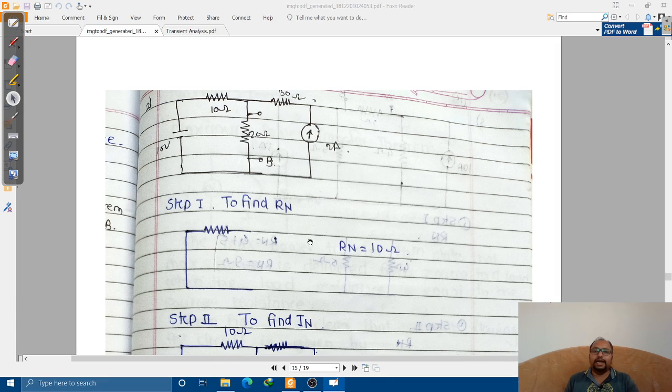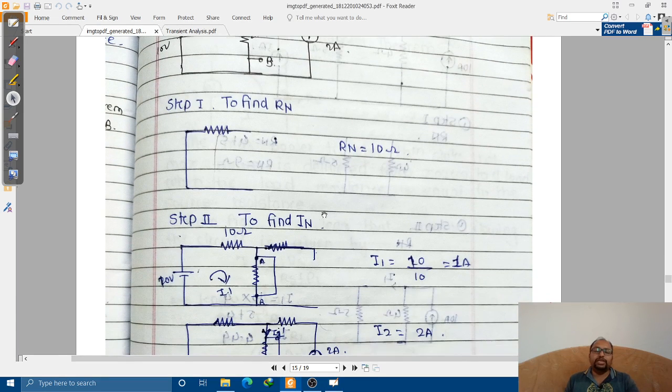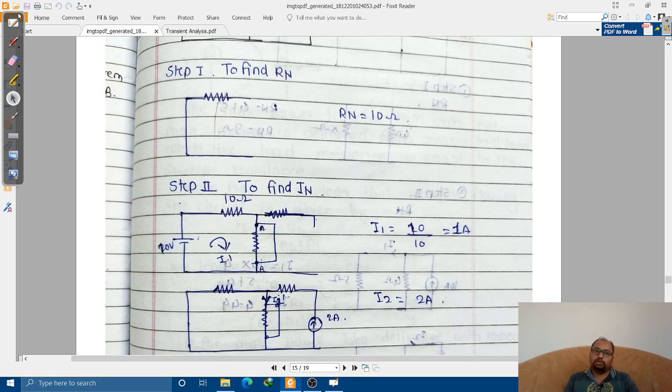Now let us find out IN. For that purpose we need to go for the superposition theorem. First we'll find out the current flowing through the A and B terminals because of this 10 volt source, and then we'll go for connecting the 2 ampere source.